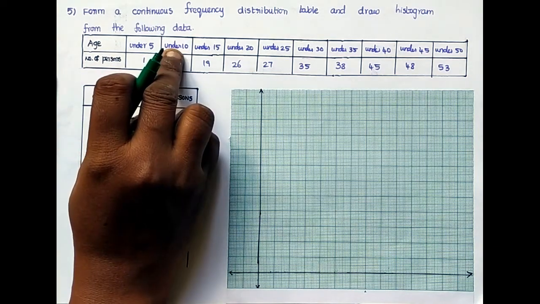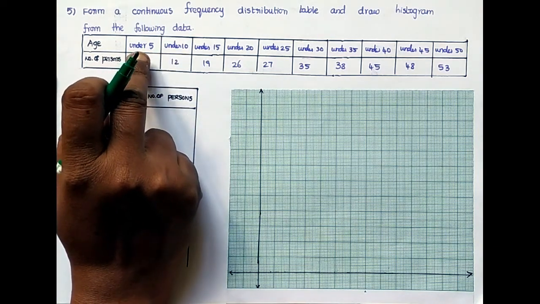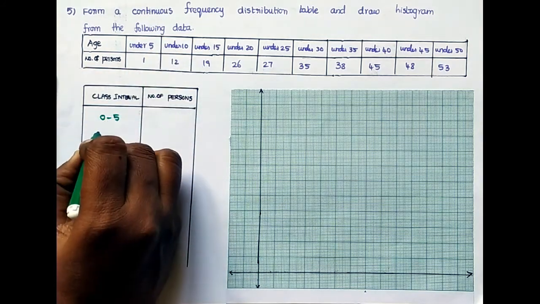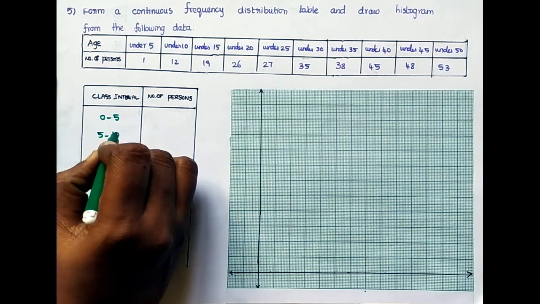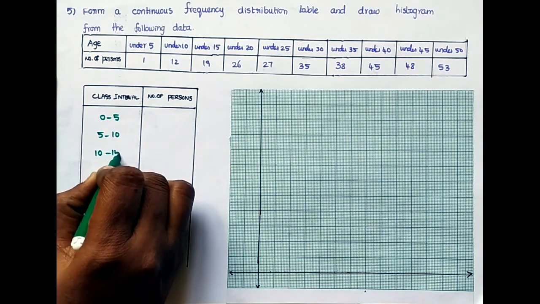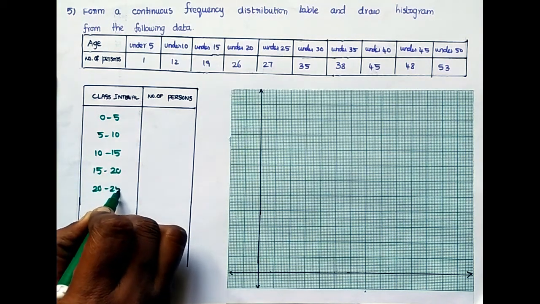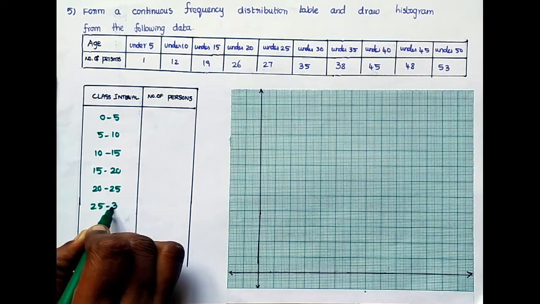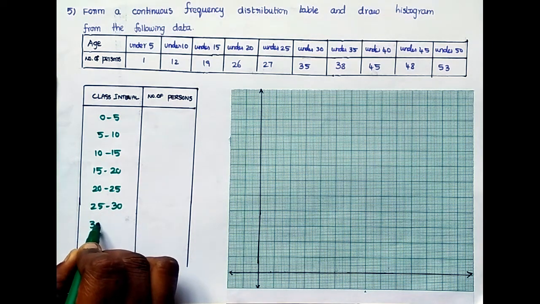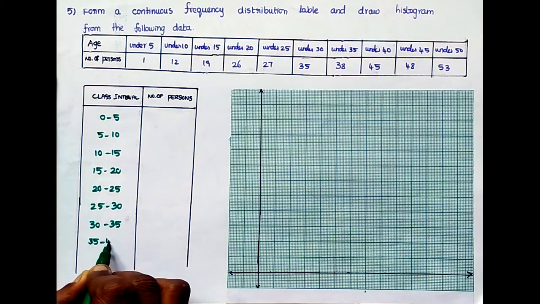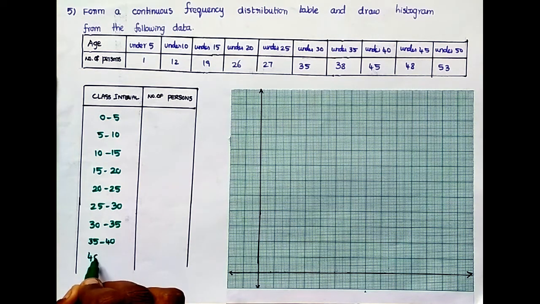Then under 10, already we put 0 to 5, so 5 to 10, and 10 to 15, 15 to 20, 20 to 25, 25 to 30, 30 to 35, 35 to 40, 40 to 45, 45 to 50.